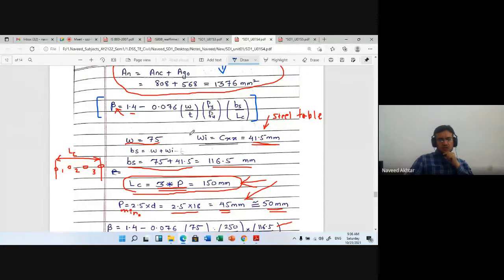Okay. So this 1.4. Okay. w by t. If Fy 250, Fu 410, bs you can find out easily. w1 is w by, so this you have taken the Cxx as 1.5 from the steel table, or otherwise you can assume the value of this CG, where you are welding the connection, the center of connection, if you know.